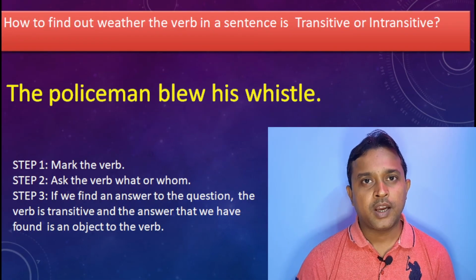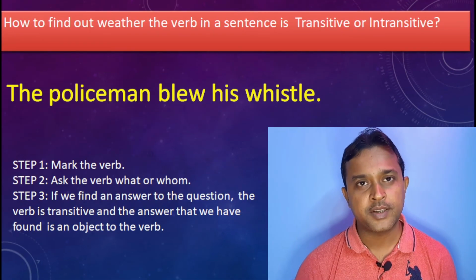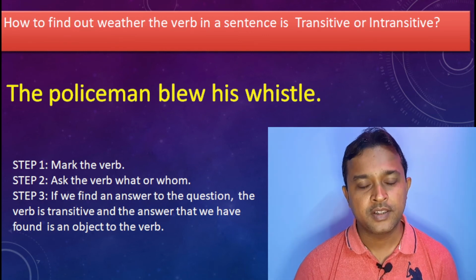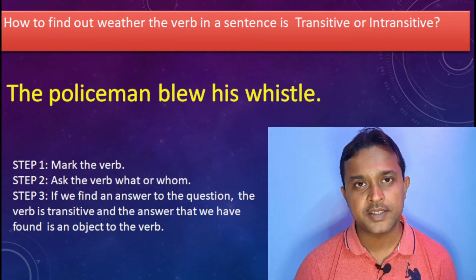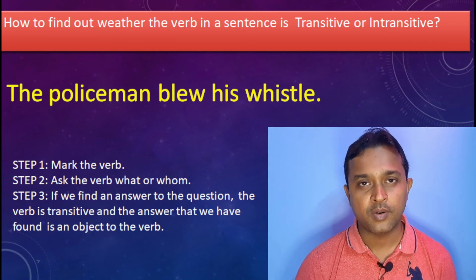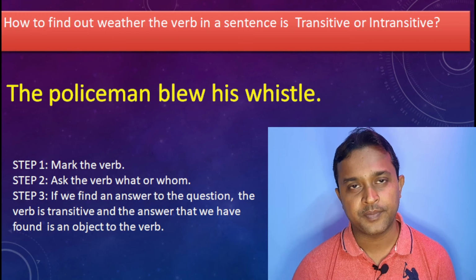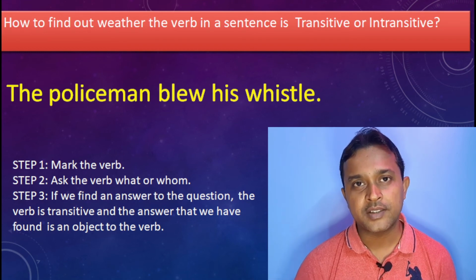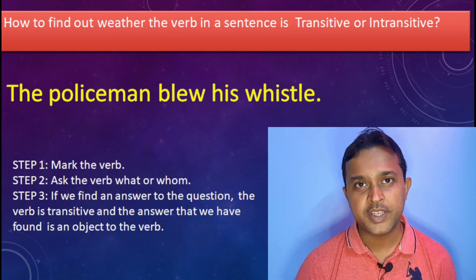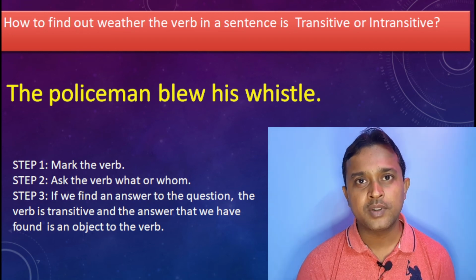Now, I'm going to give you a step-by-step guide to find out whether the verb in a sentence is a transitive or an intransitive one. The key is to find out whether there is an object after the verb or not.